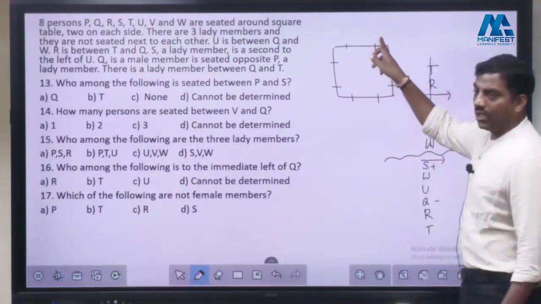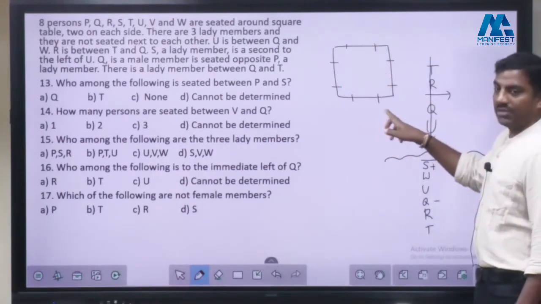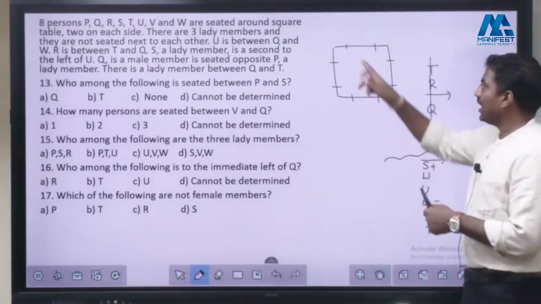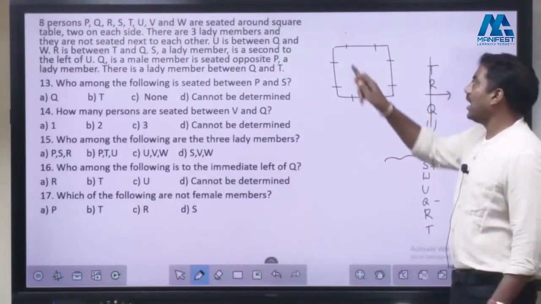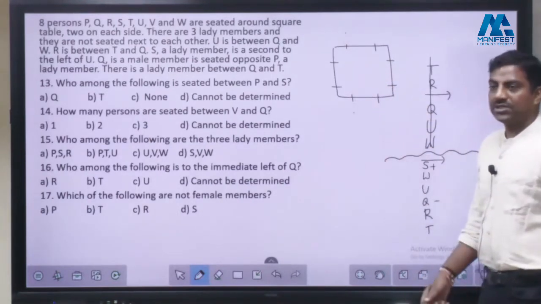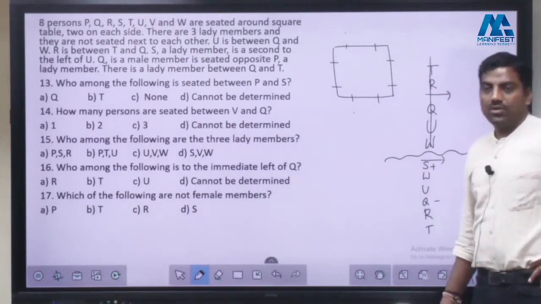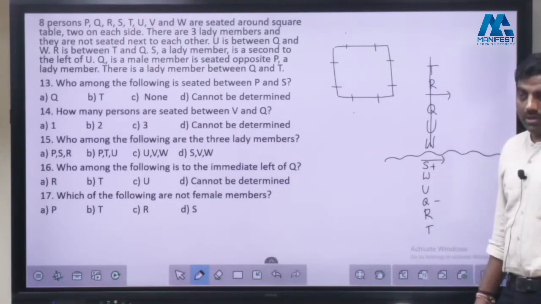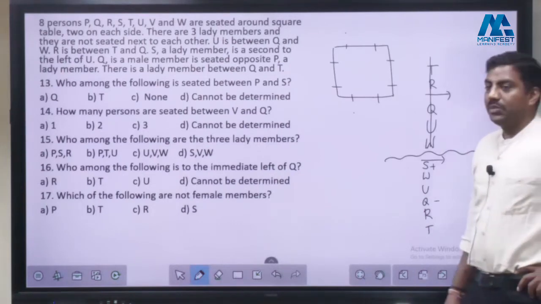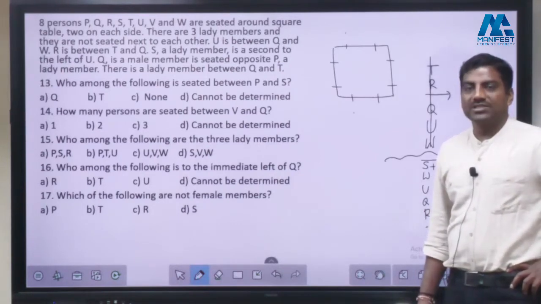If you take Q here and P here, how many persons are there between Q and P? 2 or 4. If you come from one side, it is 2, another side 4. So, it is a tricky situation. So, Q and P should be 2 persons apart or 4 persons apart.